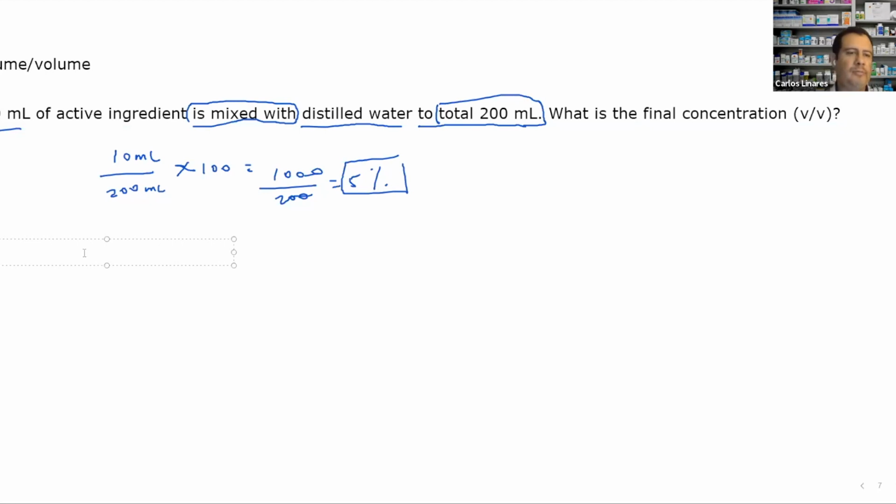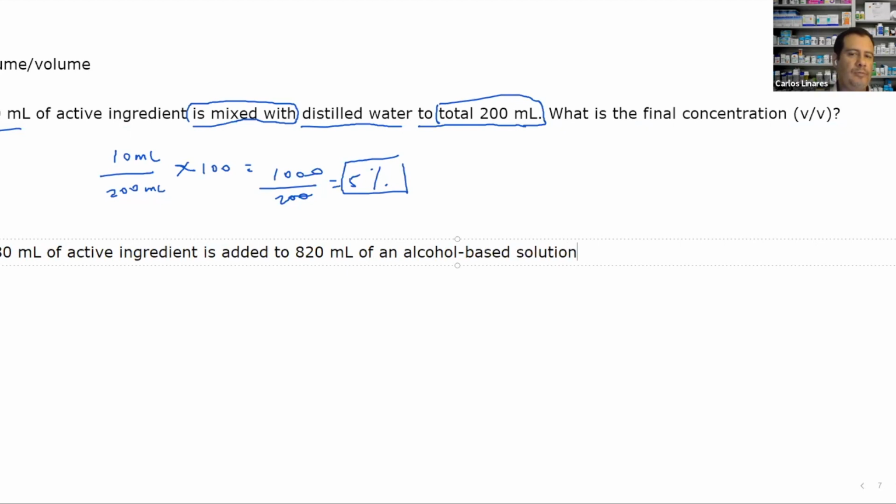Pamela, this one's for you. 180 mLs of active ingredient is added to 820 mLs of an alcohol-based solution. What is the final strength?